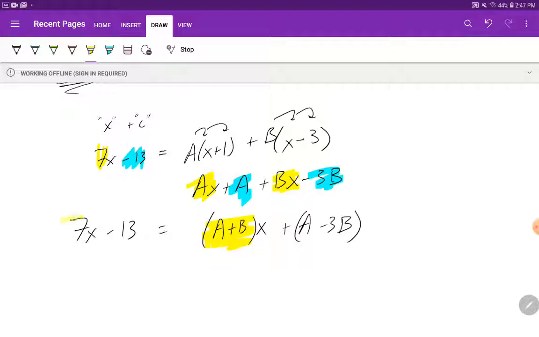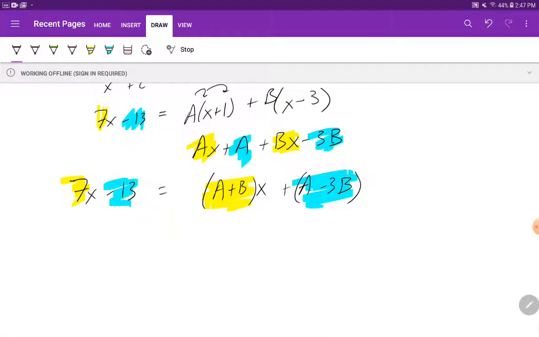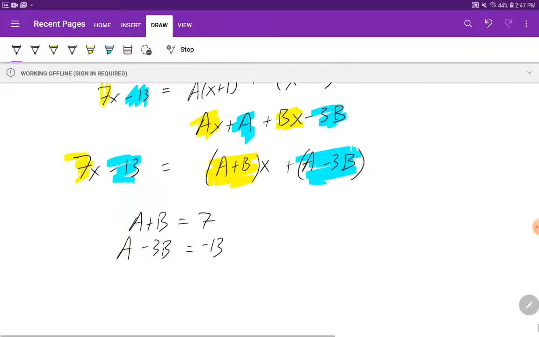I can set a plus b equal to 7, and then set a minus 3b equal to negative 13. What that does is create a system: a plus b equals 7, and a minus 3b equals negative 13. Then I can just solve it from here.